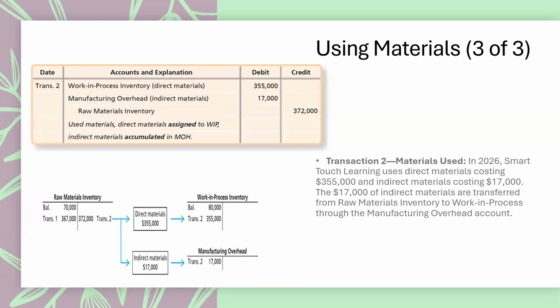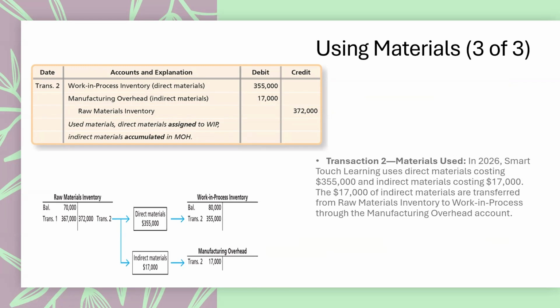To record the use of indirect materials, the cost of the indirect materials is also transferred out of the raw materials inventory account. However, these costs are accumulated in the manufacturing overhead account with a debit.